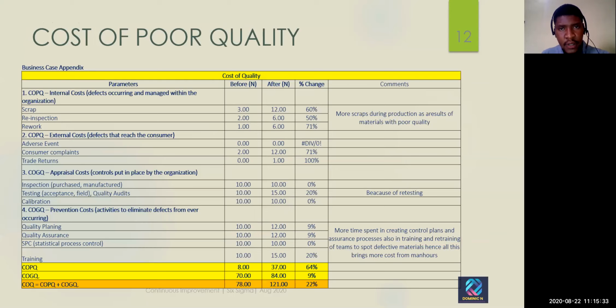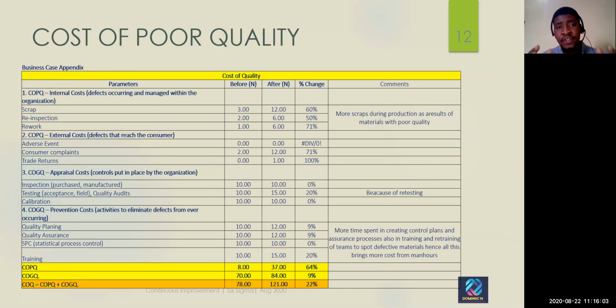Before you implemented the process or before you started buying a particular type of raw material, you noticed that your scrap was, let's say, three naira. And after you bought this particular material, you noticed that your scrap increased to 12 naira, your inspection increased by 50%, your rework increased by 71%. There was, let's say, no adverse event, but your consumer complaints increased by 71%.